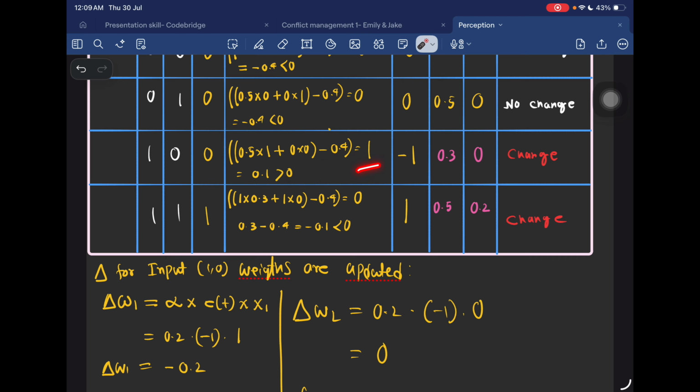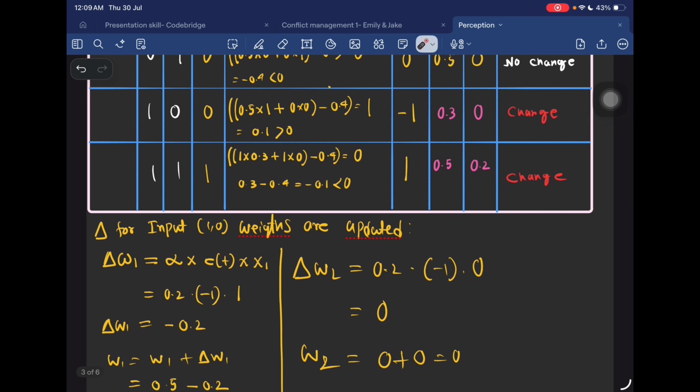So the output is basically 1. Okay, and when we find the error value, it comes to 0 minus 1, so this is minus 1. So this is not the desired output, so we update our weights corresponding to the inputs, which are 1 and 0.